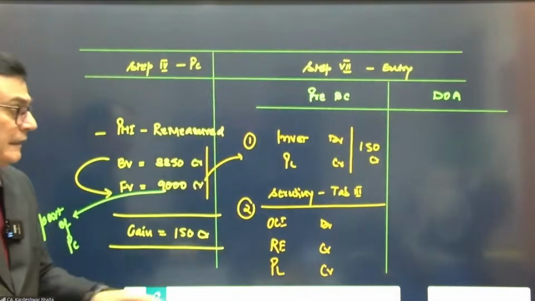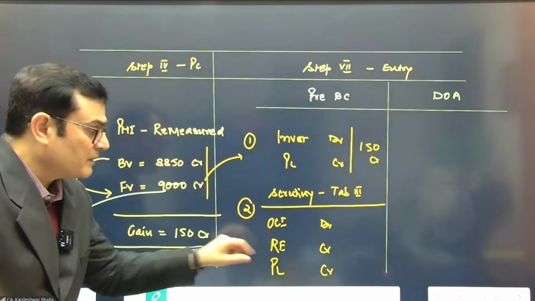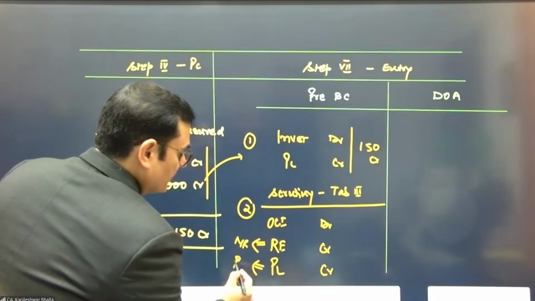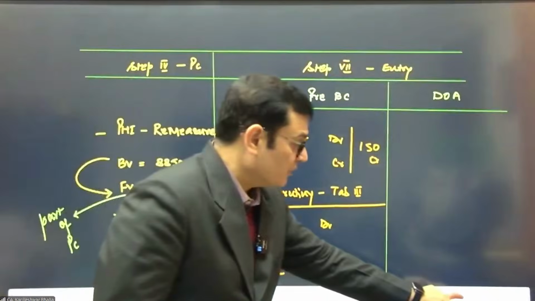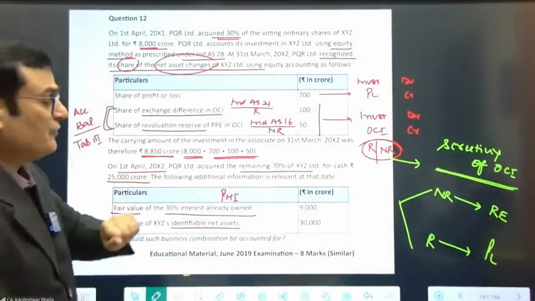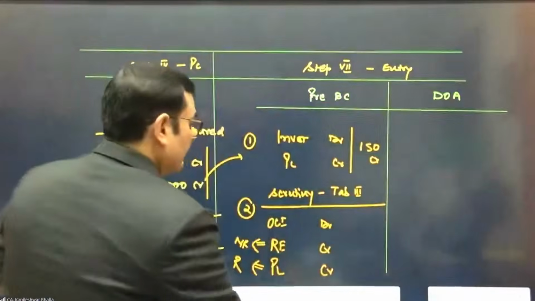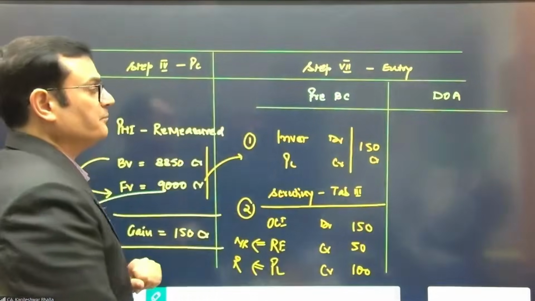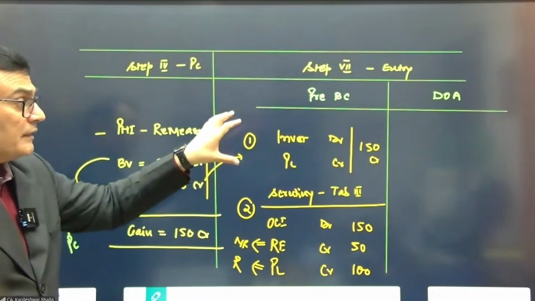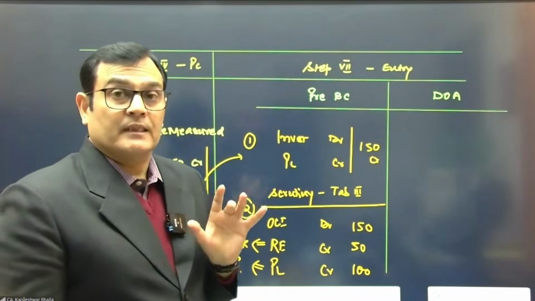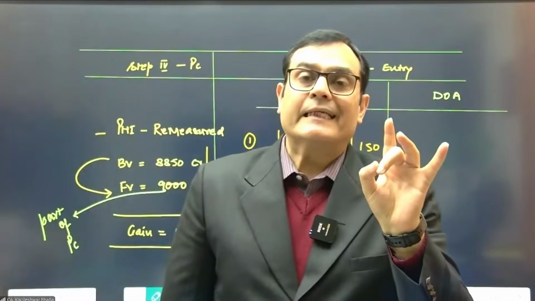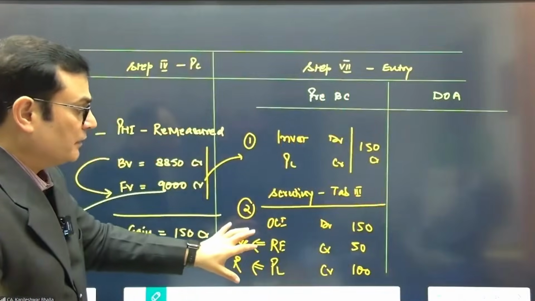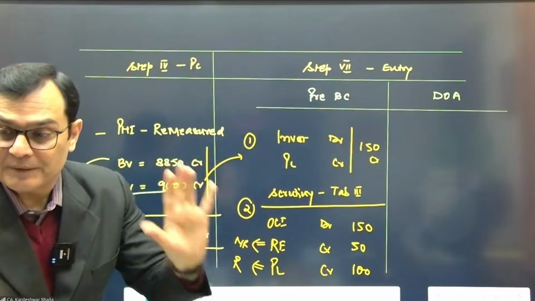So once you do the scrutiny, you decide that out of this, what is the portion which is NR will go to the retained earnings, and what is the portion which is R will enter the P&L. If I take this figure, then we can say 50 is the portion which is RE and 100 is the portion which is P&L. So this is the entry which is done in a pre-business combination setup. The investment is remeasured, the gain or loss goes in the P&L, the OCI accumulated balance is scrutinized, and it is taken to RE or P&L as the case may be.